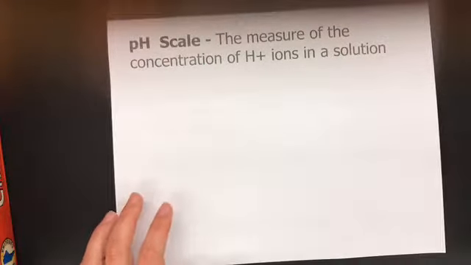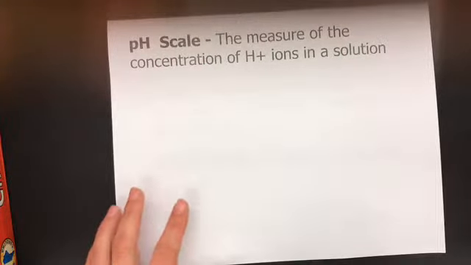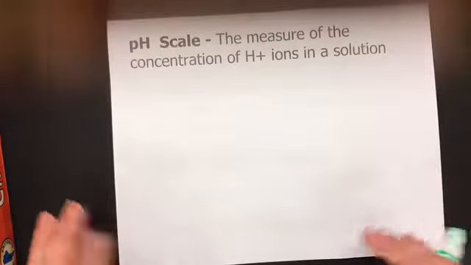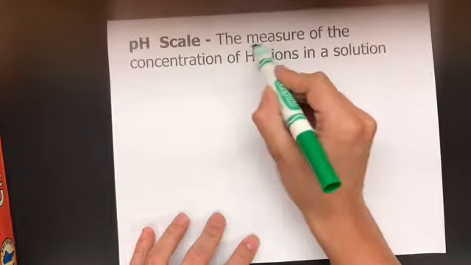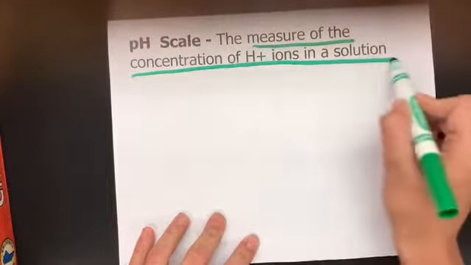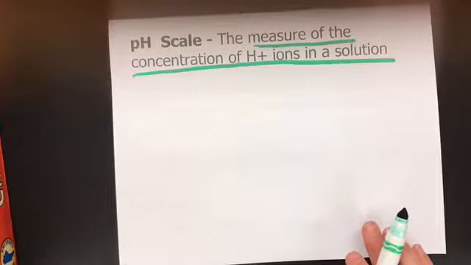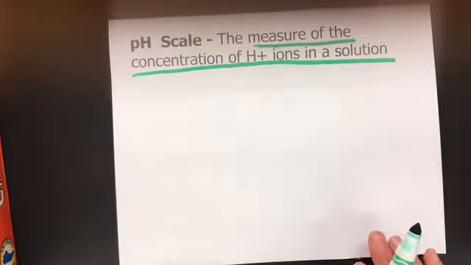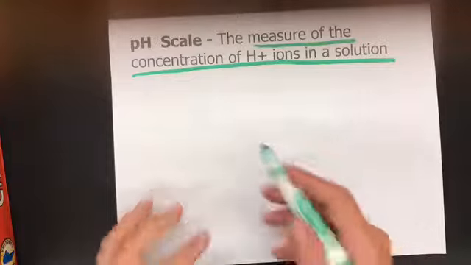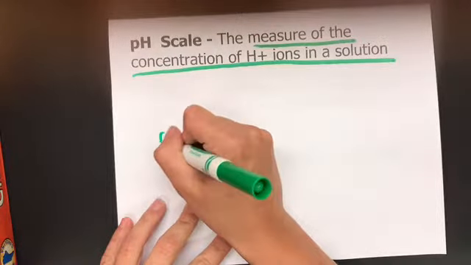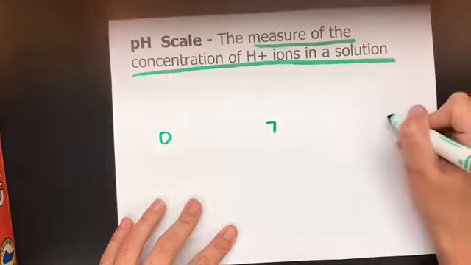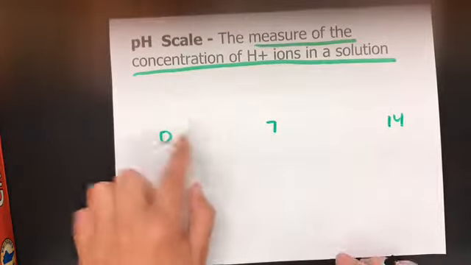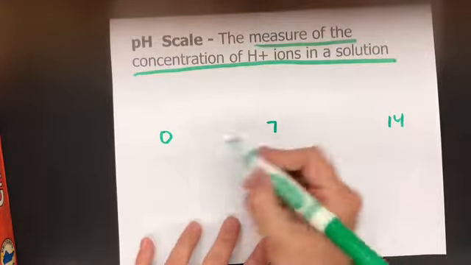Now let's talk about this pH scale a little bit more. We talked about it in the first few slides. We're going to draw it now. The pH scale is the measure of H+ ions in a solution. So how many H+ are being formed when you put it into water? What you're going to do first is 0, 7, 14. The pH scale goes from 0, 7 to 14.